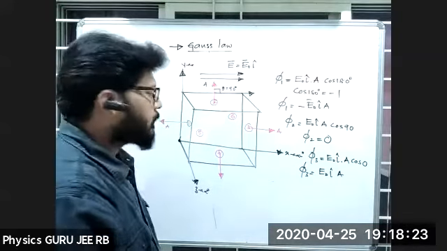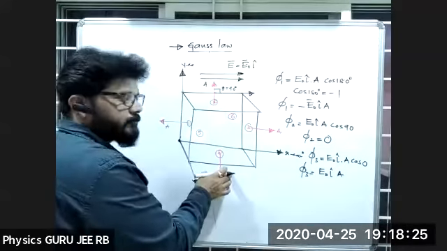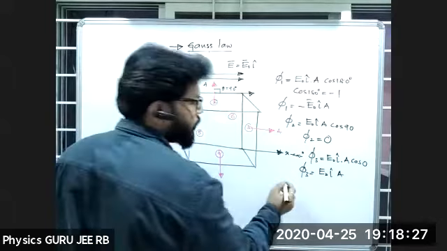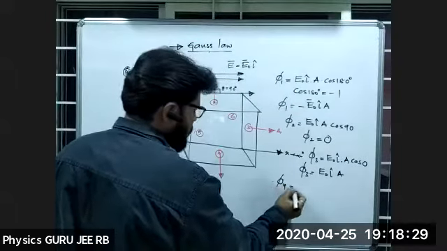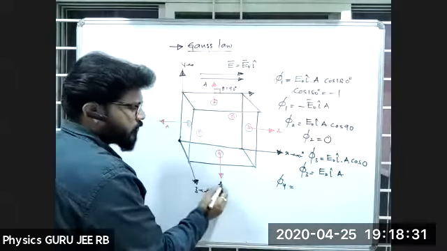Okay, next, going to phi 4. Again you can see this is the direction of the area vector.